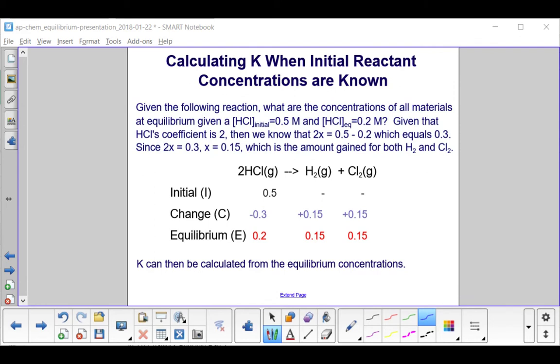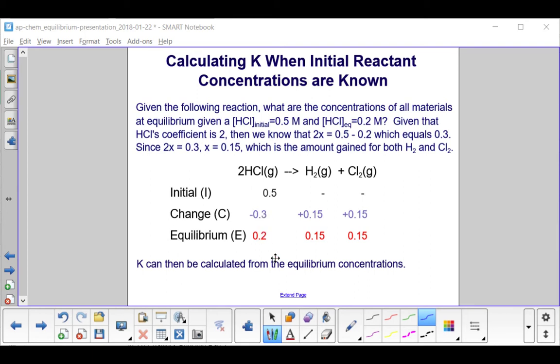Given the following reaction, what are the concentrations of all materials at equilibrium, given an initial HCl concentration of 0.5 molar and a concentration of HCl at equilibrium equal to 0.2 molar? So I start out with my 0.5 molar HCl initially, and I'm told that I have 0.2 at equilibrium. So that's a decrease equal to 0.3, right? 0.5 minus 0.3 is how I get this 0.2.